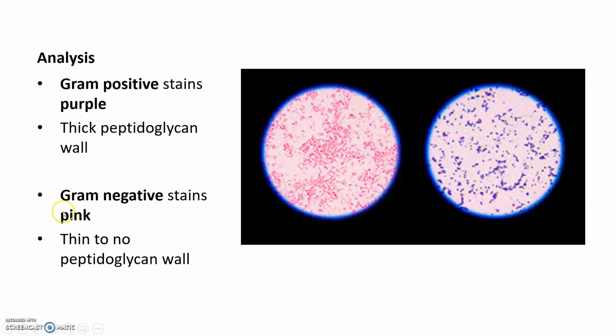Gram-negative stains pink, means there's thin to no peptidoglycan. So, gram-negative, no peptidoglycan. So think about it kind of like that. Gram-positive has the 3 P's: positive, purple, peptidoglycan. Gram-negative, you're looking for the double N: negative, no peptidoglycan. So hopefully that helps you guys remember.